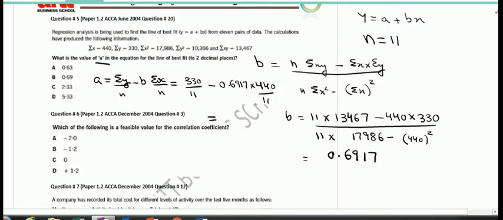So my answer will be 330 divided by 11 minus 0.6917 into 440 over 11, and it is 2.33. So my answer is C.